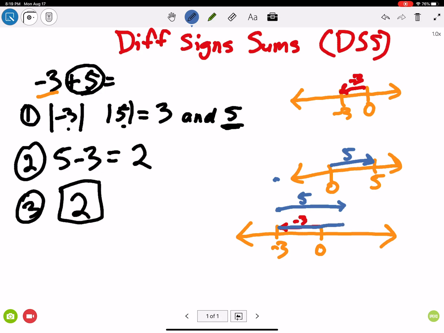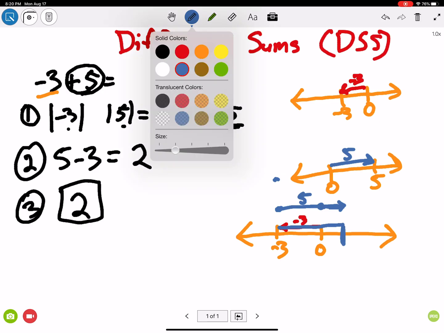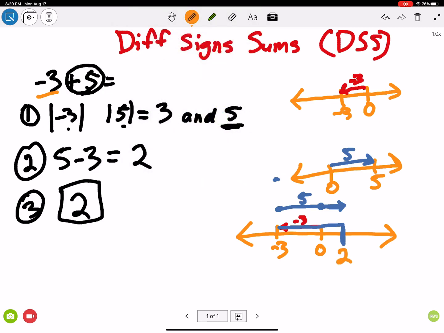So I went to the left 3, and then to get back to 0, I went over 3 from here to here, and then I had 2 left. So by the time I got where I was going, I ended up here at +2. Okay, so my answer is +2.